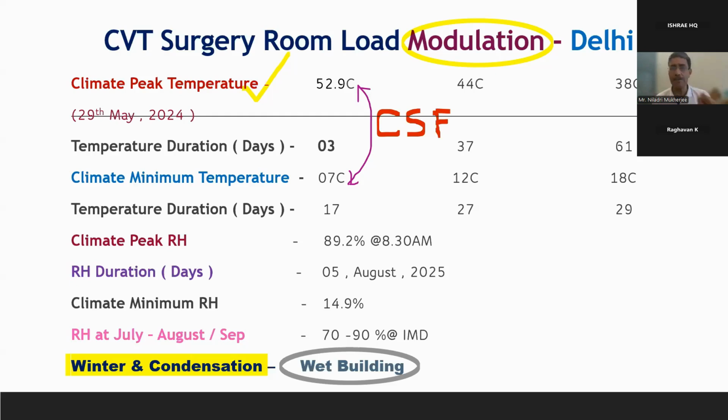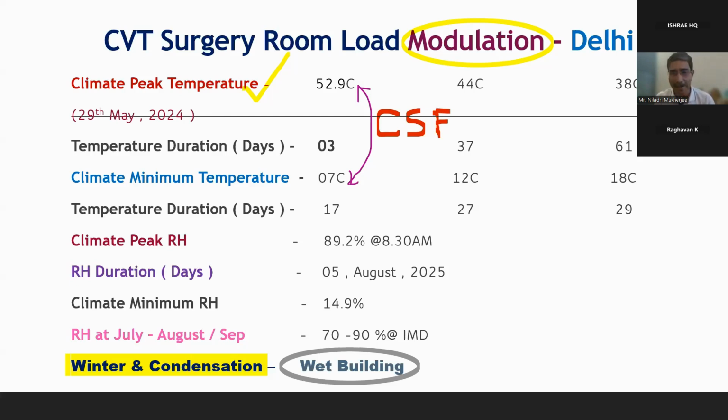Very shortly, this is very, very alarming for an HVAC consultant, because the load is varying from 52.9 to 7. It means if you make a hospital in Delhi, you need cooling and heating both, and both heating and cooling have to be together in a design.